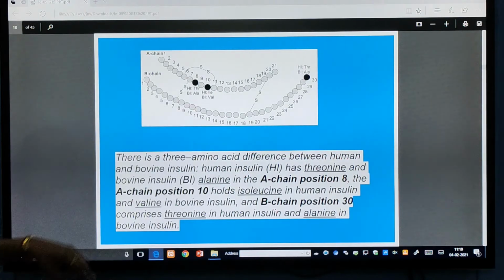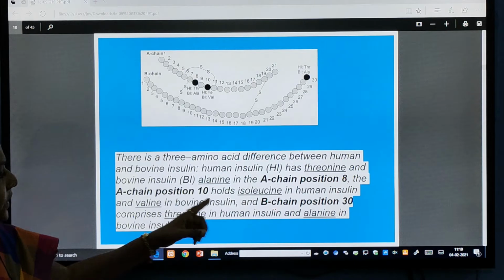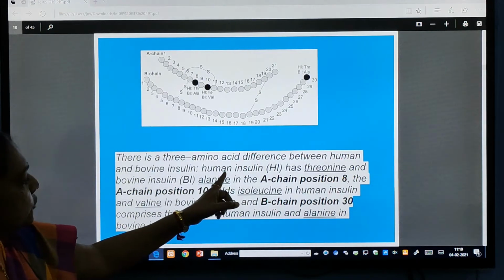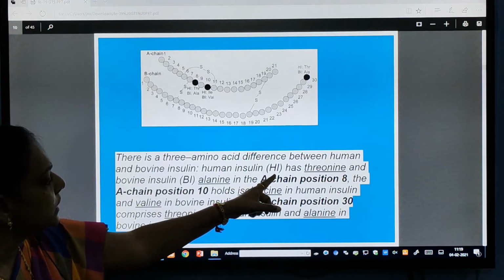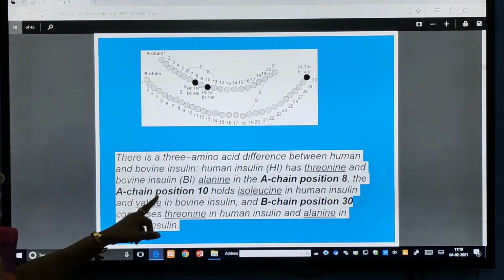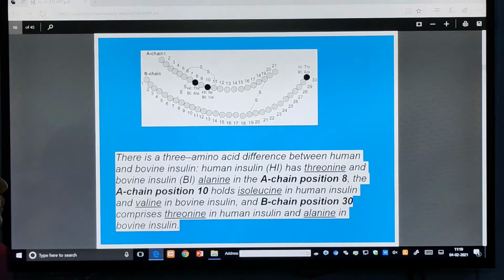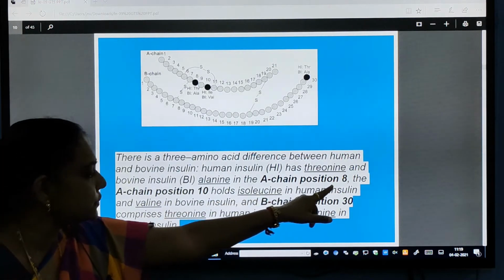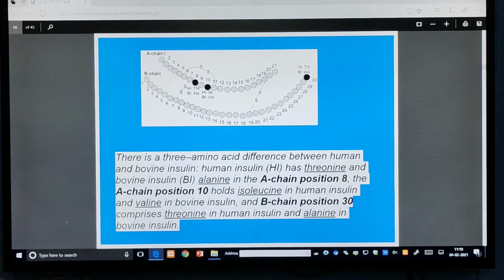Here you can see the A chain and B chain of the bovine. The reason is that there is a difference. In the human insulin, threonine and isoleucine, there is a change in A chain position 8 and A chain position 10. You can see isoleucine in the human insulin and valine in the bovine insulin.